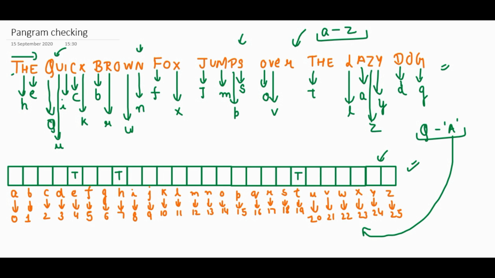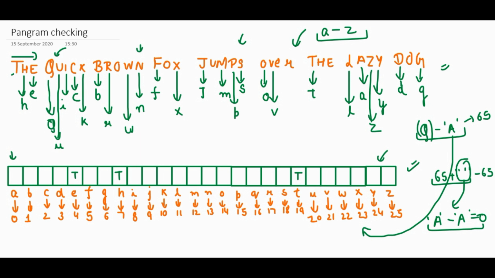Because the ASCII value of A is 65 and the ASCII value of Q will be 65 plus some value. So if we subtract 65 from it, we will get a value which will lie between 0 and 25, right? So if we have A and we subtract A from it, it will be 0. So A will represent the 0 element.